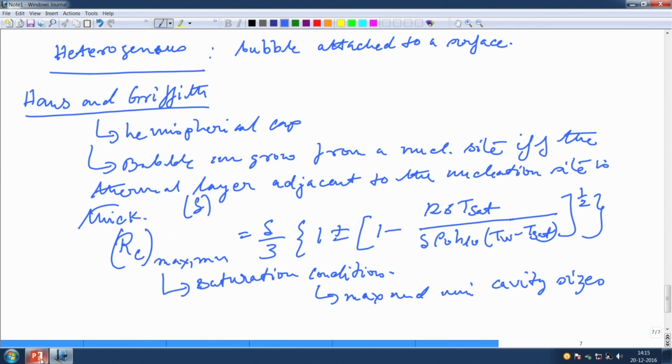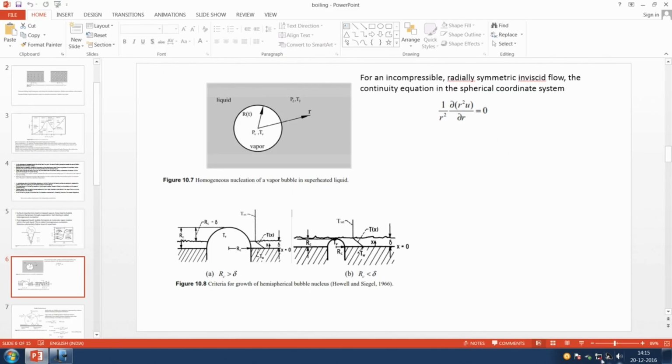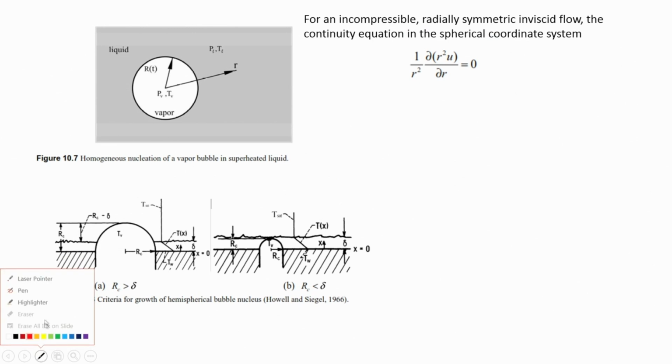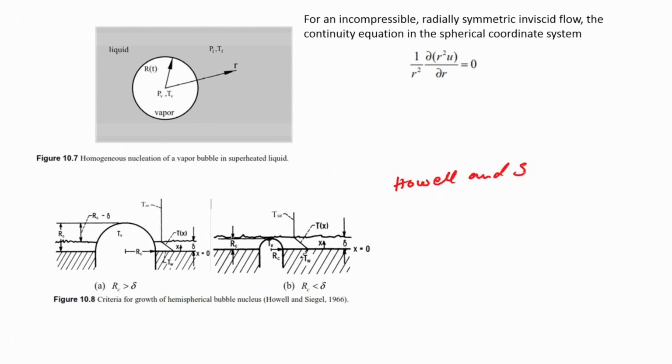So, now if we look at this particular presentation, we will get an idea of what we are talking about. Howell and Siegel, they did, and if you look at figure number 10.8, okay, they examined how the bubble grows from a single nucleation site of known diameter. This nucleation site's diameter varied anywhere between 0.1 to 1 mm, okay, on a highly polished surface.